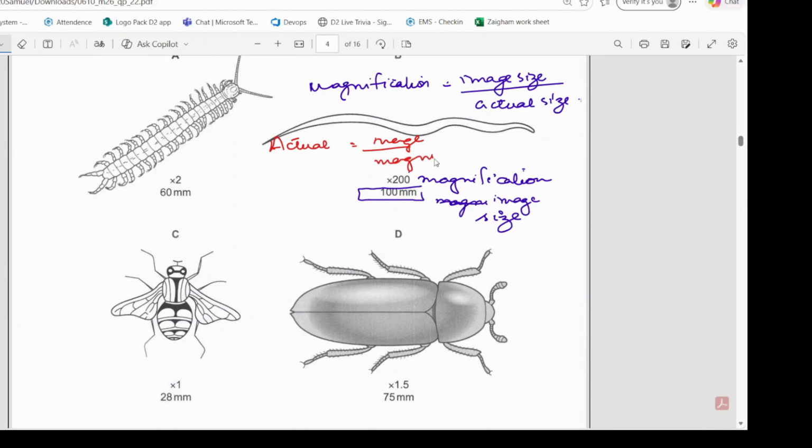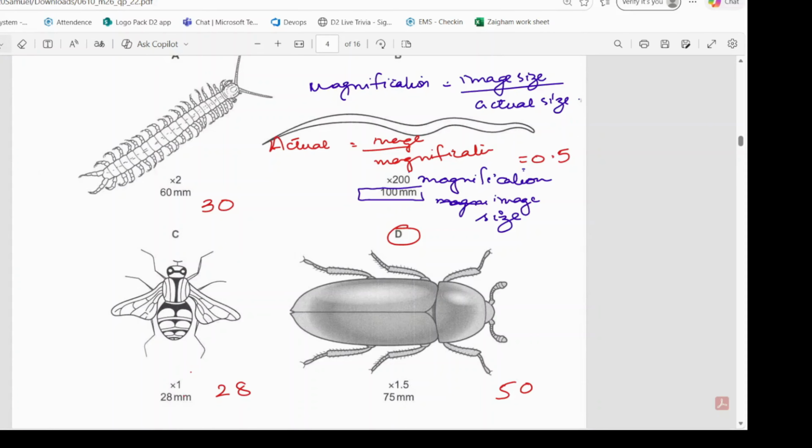Let's calculate for each. 60 divided by 2 is 30. 28 divided by 1 is 28. 75 divided by 1.5 is 50. And 100 divided by 200 is 0.5. So which is the biggest one? It is D, 30.